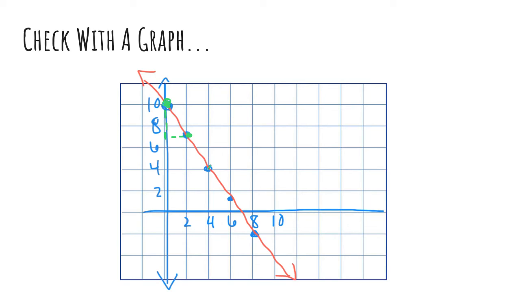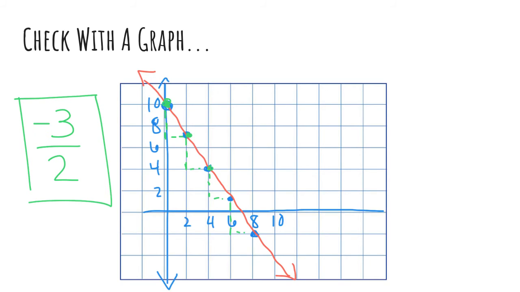Every time to get from one dot to the next, I had to go down 3 and over 2. That matches the constant of proportionality I found from my table.